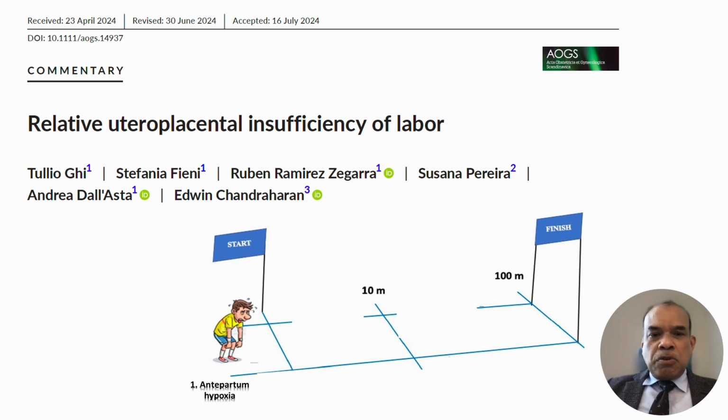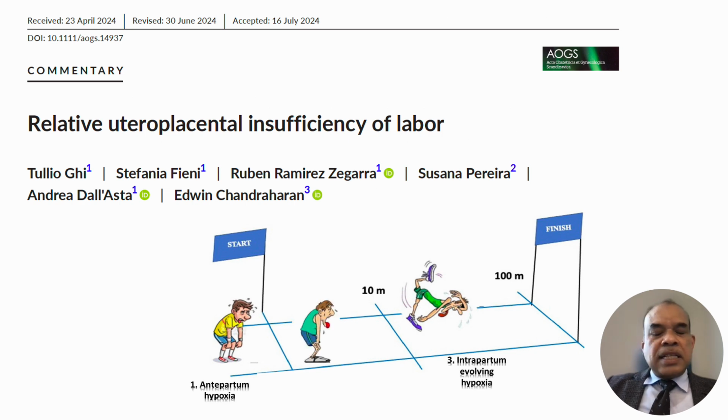Then we also included a section on relative utero-placental insufficiency of labor, or RUPI-L, because we know that the vast majority of fetuses have enough placental reserves to withstand the progressively increasing hypoxic stress of labor, as the contractions are getting stronger and longer as the labor progresses.